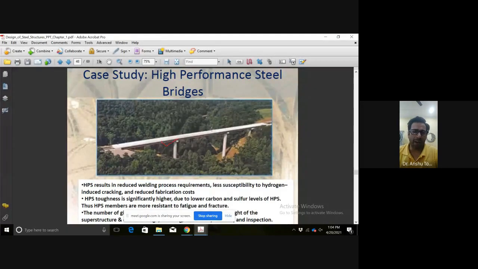If you want to provide a deck slab or deck girder purely in structural steel, running from one pier to another pier, you can assume how much strength it is going to have. How much moment of inertia that particular deck girder is going to have, or how much section modulus that girder is going to have in flexure.